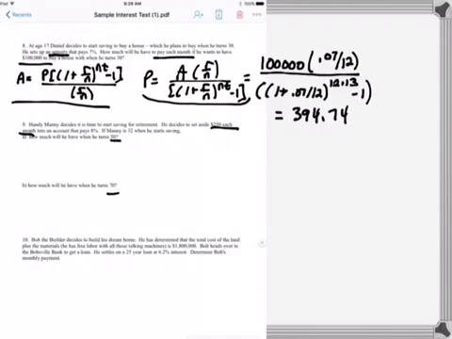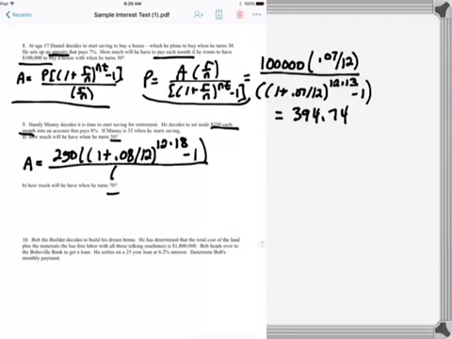Okay, so we're using our annuity formula. 250 times 1 plus, it's 8%. It's monthly. And so in the first case, it's 12 times 18 minus 1, all over that parentheses 0.08 over 12. And then we just work that out.